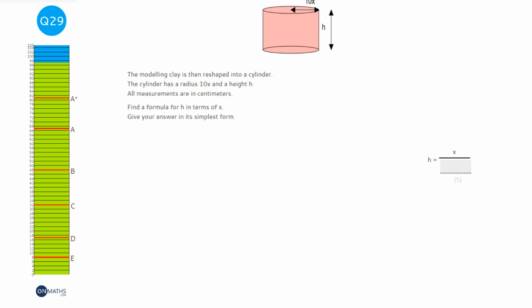So we've got a hemisphere, and some of these formulas you will be given. So a hemisphere is the volume of a sphere and then halved. So instead of 4 over 3, I can just say 2 over 3, which is half of 4 over 3, pi r cubed.